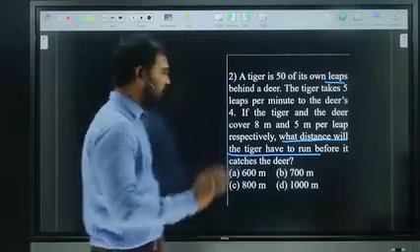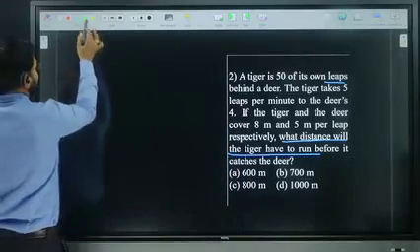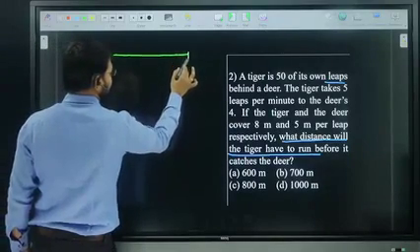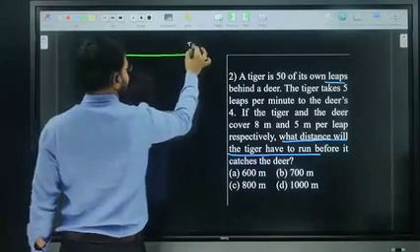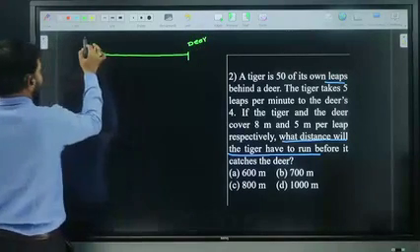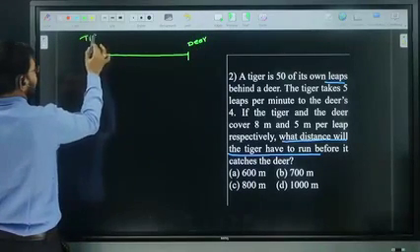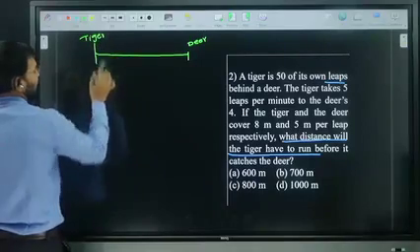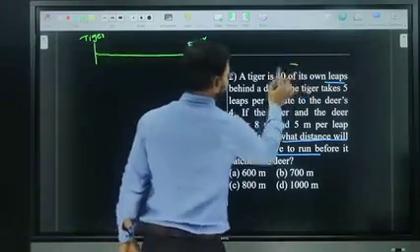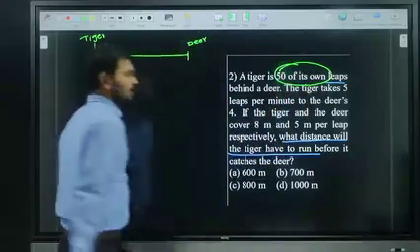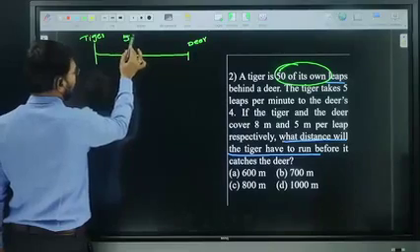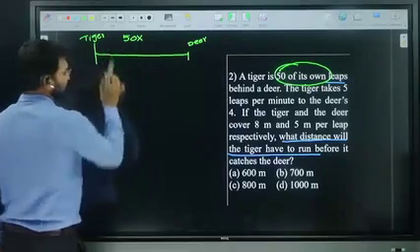See the situation, all of you. Here the deer is there, and here the tiger is there. How much is the tiger behind the deer? 50 of its own leaps behind the deer. 50 of its own leaps is 50 into one leap of the tiger.